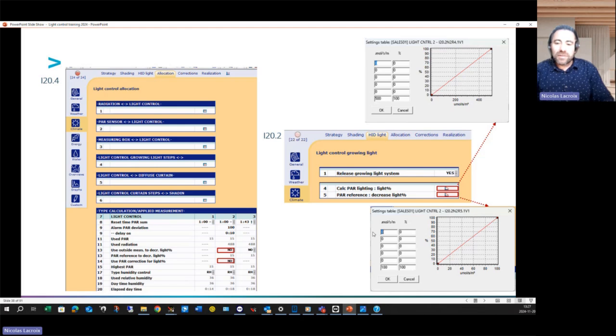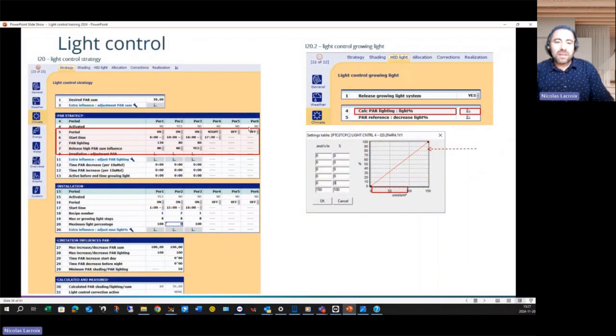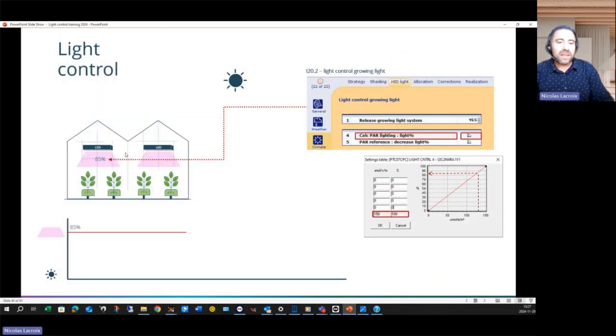Okay, so if I set my table like that, if I have a difference between the output of my fixture and the measured PAR of 100, then I will dim to 100%, which is switching off the LED. So if I set it to 130, I will ask my fixture to go to 85%.